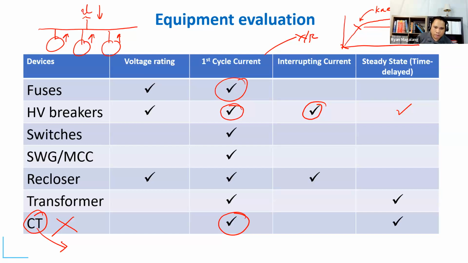But the only thing that you have to consider is obviously you have to bring up and get the curve characteristics of your existing devices, and then you have to conduct a device coordination study and try to coordinate that with your newly installed relay.